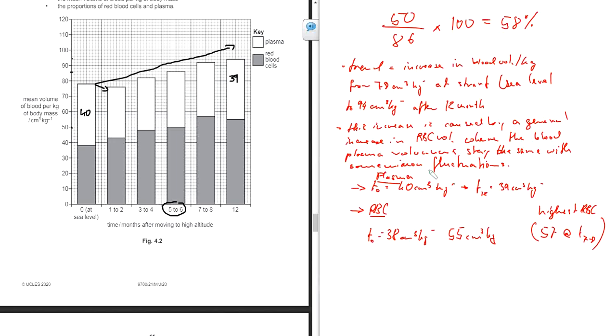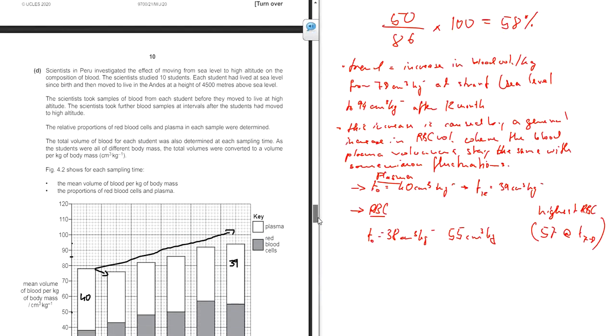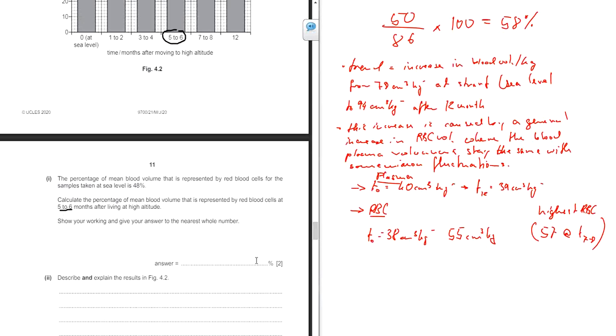We could as well maybe add what we did in the question before, where we calculated the percentage, which was 58%.